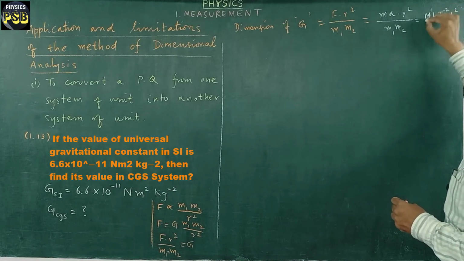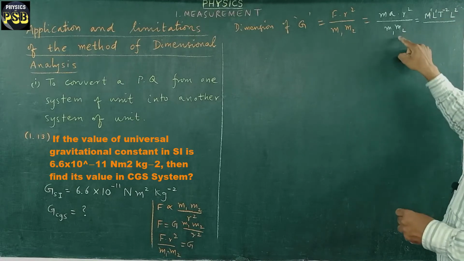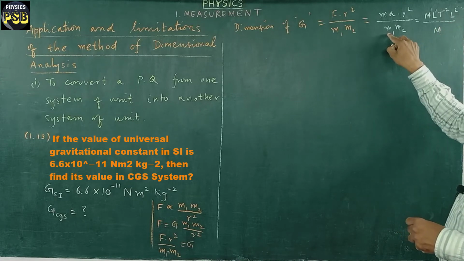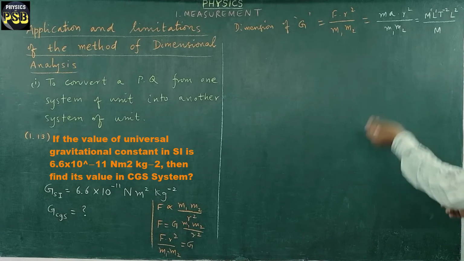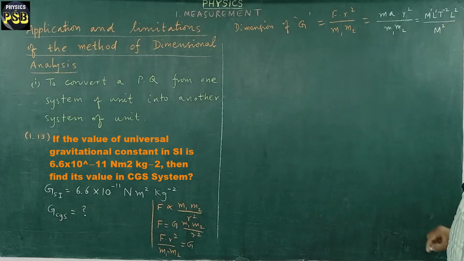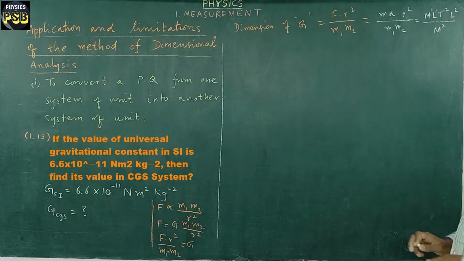So L power 1. Here we have mass twice. So the dimension of M1 is M and the dimension of M2 is also M. So we write M twice. M into M is M square. Here L power 1 into L power 2 is L power 3.